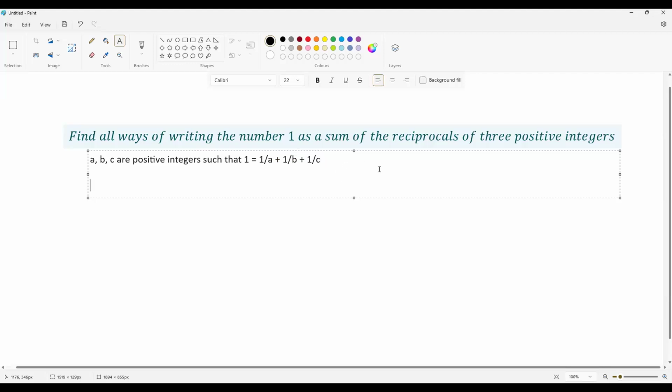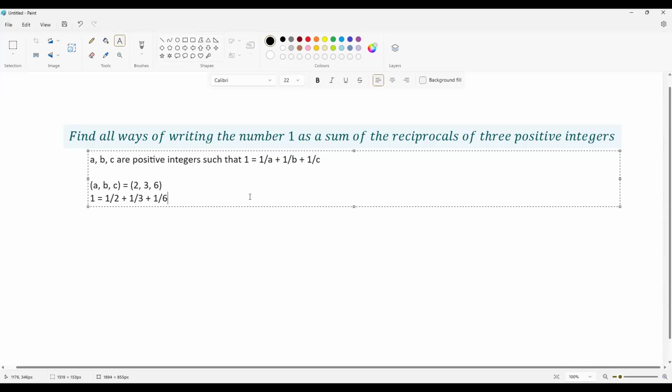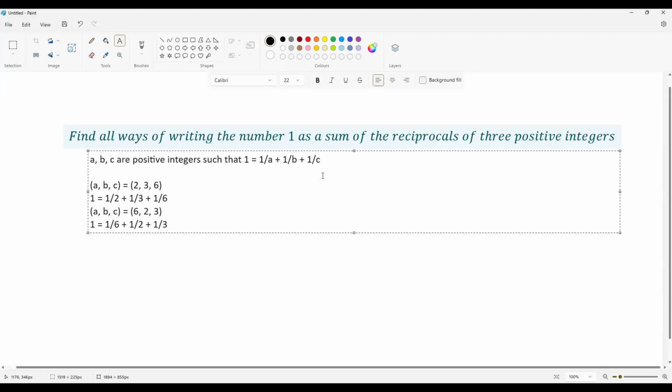Let's say I'll give out a solution: A, B, C is equal to 2, 3, 6. 1 is equal to 1 over 2 plus 1 over 3 plus 1 over 6. But what if we scramble the order of it? Let's say A, B, C is equal to 6, 2, 3. This is still a solution, right? So we can mix around the order however we like.